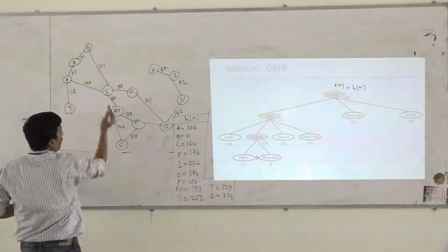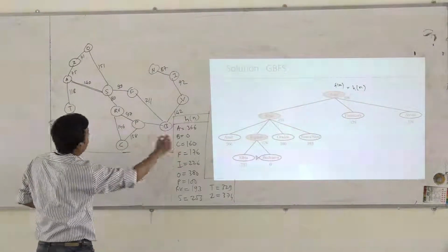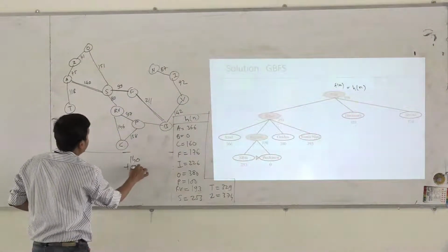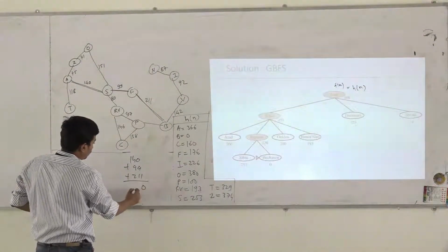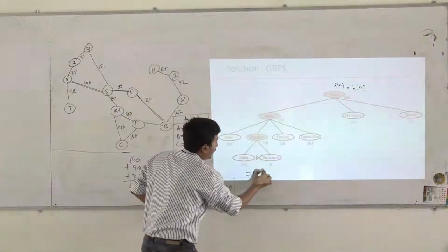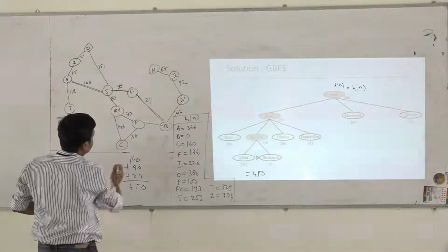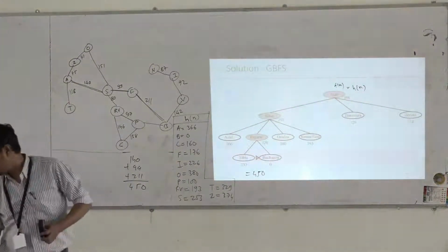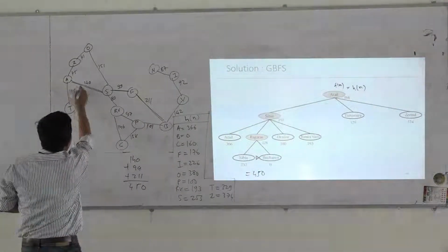So this is the solution provided by our GBFS. We have visited F and then B. So that is 140 plus 99 plus 211, which is 450. So our solution given by the GBFS is 450, but this other path is also possible.